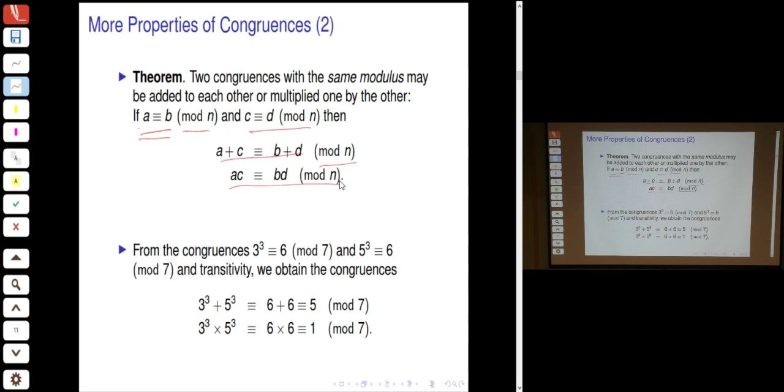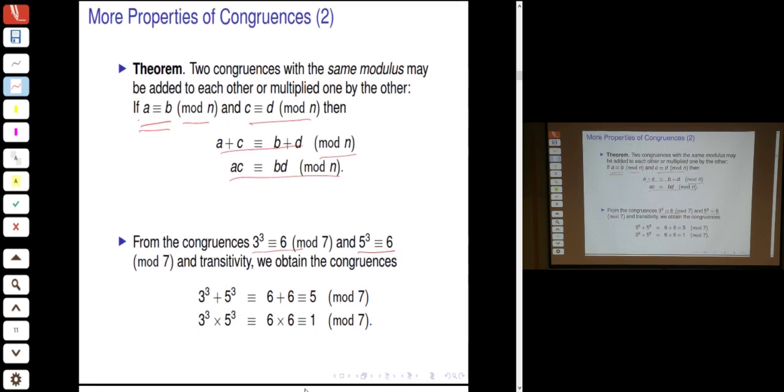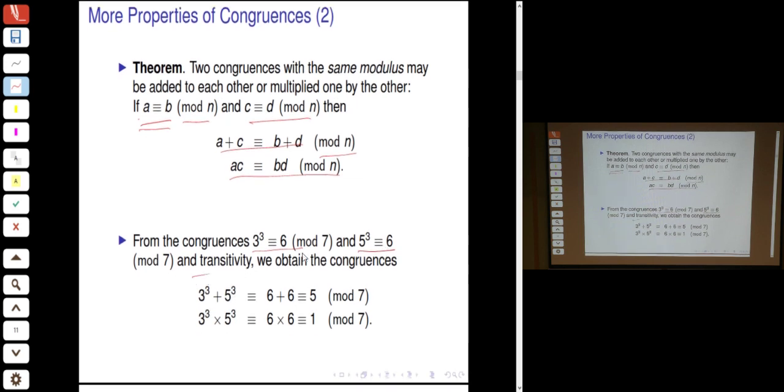So, here are some examples. 3 cubed is congruent to 6 mod 7, 5 cubed is congruent to 6 mod 7, and by these properties we can deduce this pair of congruences. First of all, 3 cubed plus 5 cubed is 6 plus 6 mod 7, which is 5 mod 7, because 6 plus 6 is 12 and 12 is 5 mod 7.